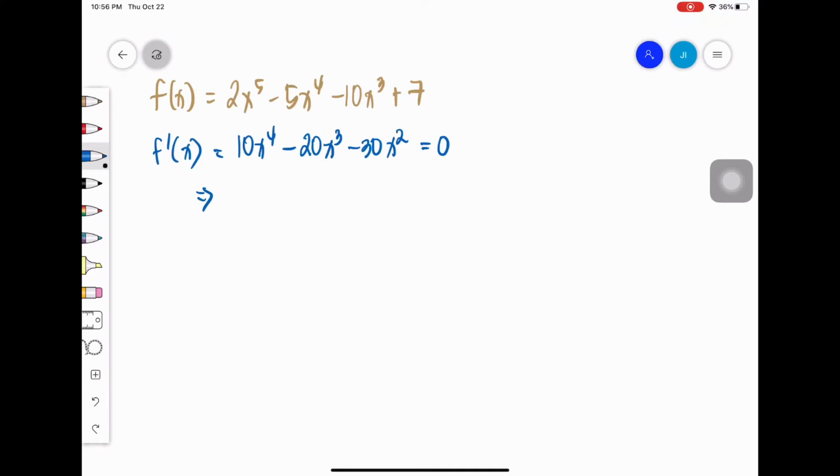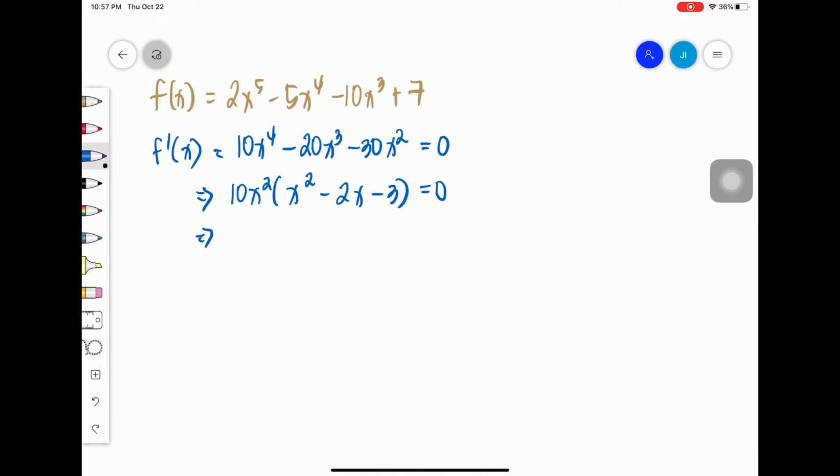we have this equation. Let's observe that we can factor out 10x squared as a common monomial factor for each term. Right? That is, upon factoring 10x squared, we obtain x squared minus 2x for the second term minus 3 for the third term, which is equal to 0.